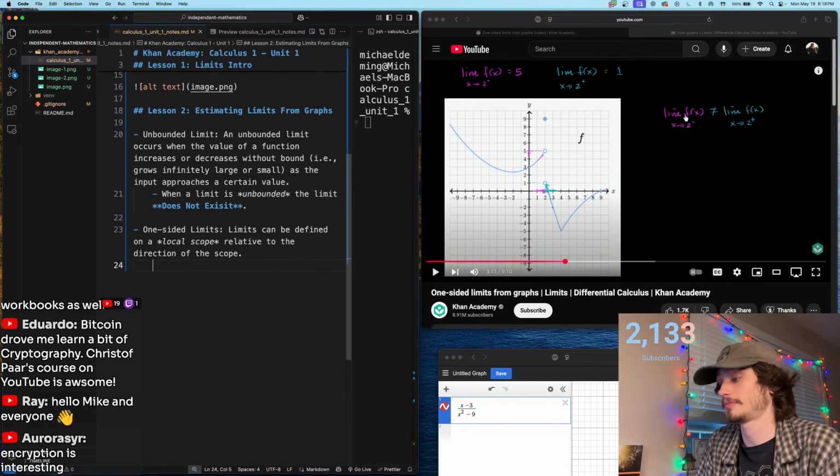We'll say approaching a limit from the left, negative, and approaching a limit from the right, positive.